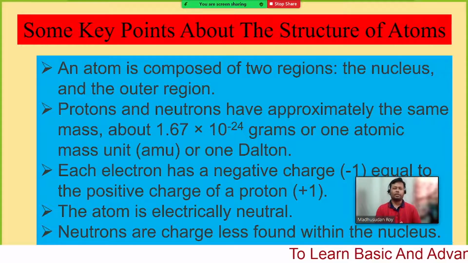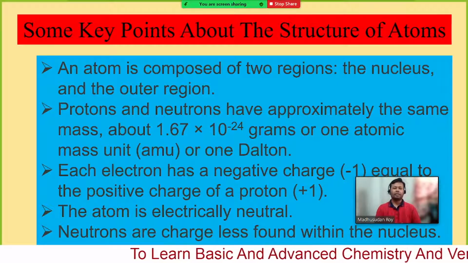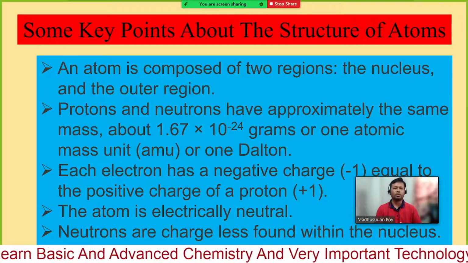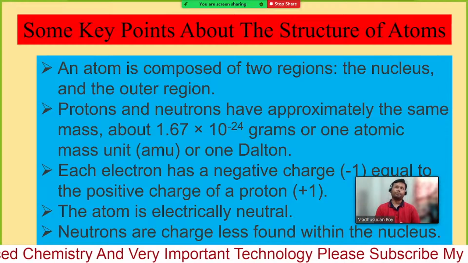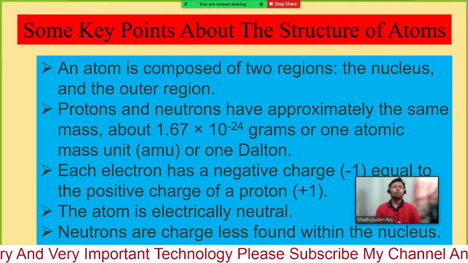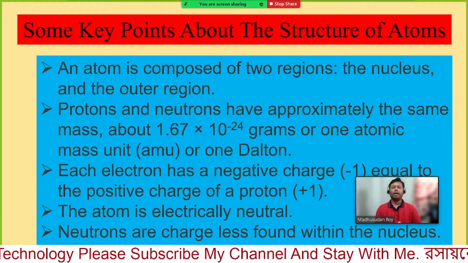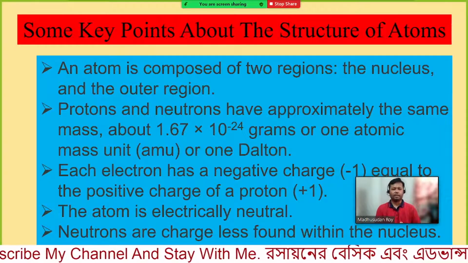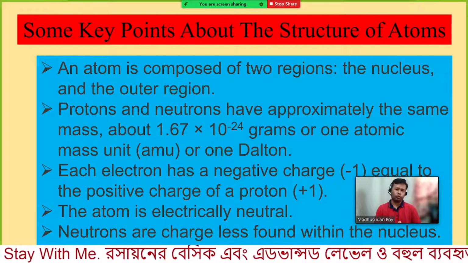only the electrons exist. Protons and neutrons have approximately the same mass, about 1.67 times 10 to the power minus 24 grams, or 1 atomic mass unit, or 1 Dalton. These terms are all the same: 1 AMU, 1 Dalton, or 1.67 times 10 to the power minus 24 grams.